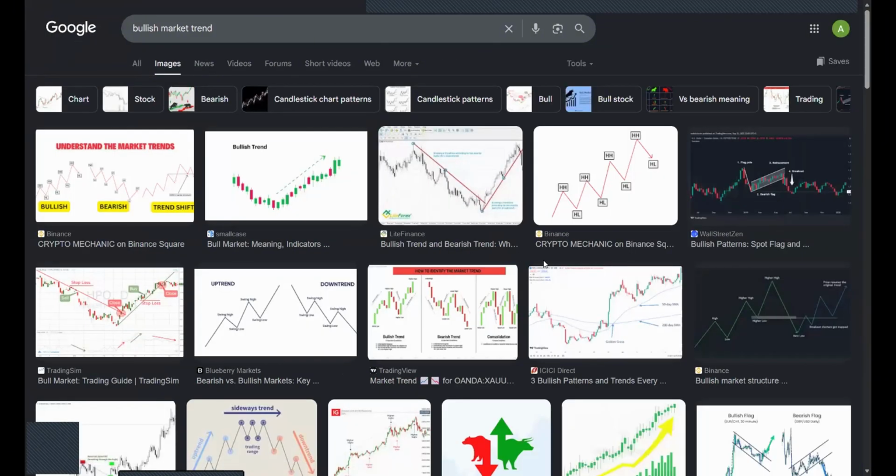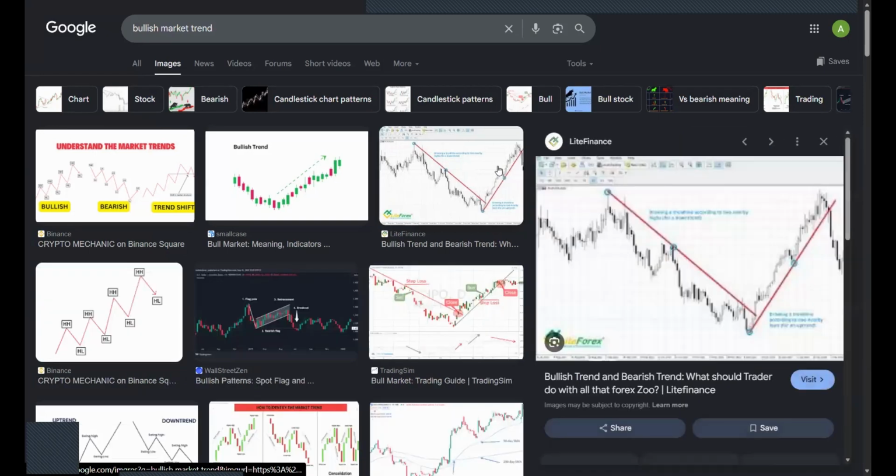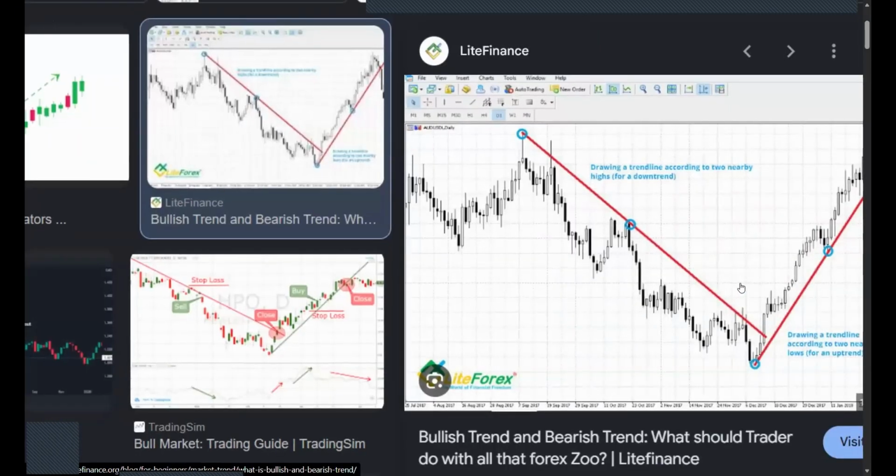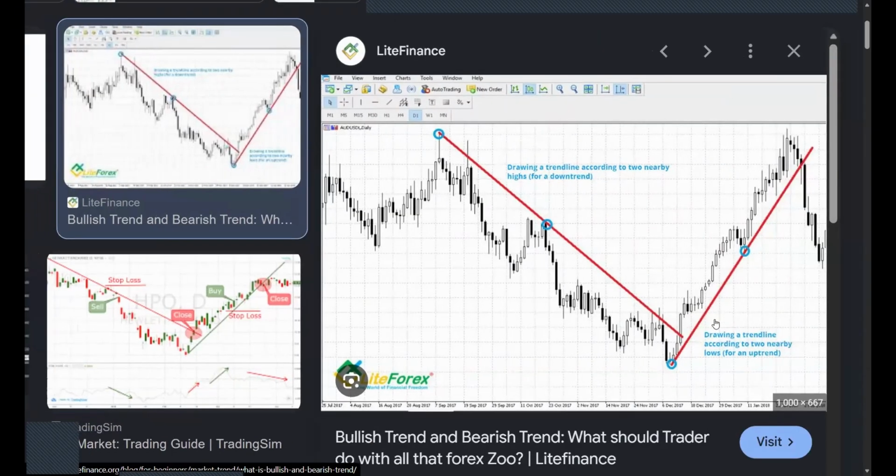You've seen? When people say a trend, the first thing they think of is this: price going down like that, or price going up like that. You see?